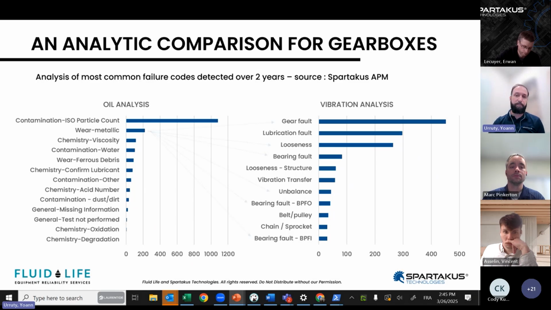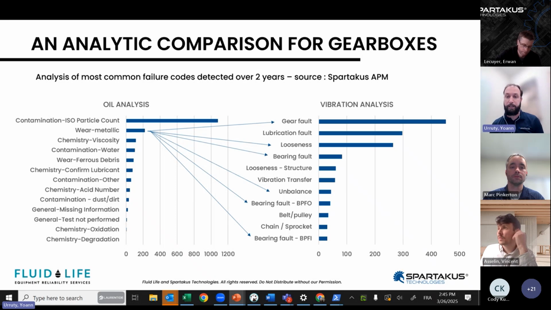But mostly what you're going to be able to see as correlation is the wear on the gears, and how it's going to materialize is thanks to gear fault or looseness or bearing fault issues, or even maybe BPF fault, right?